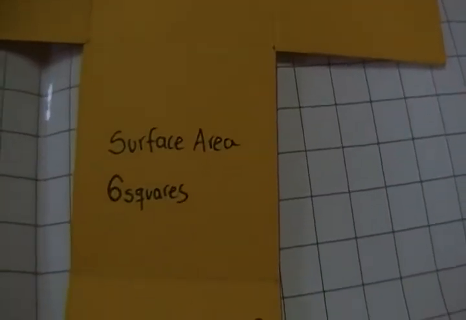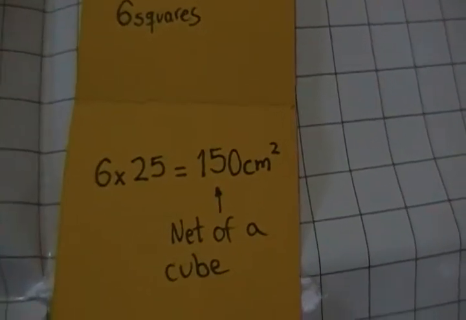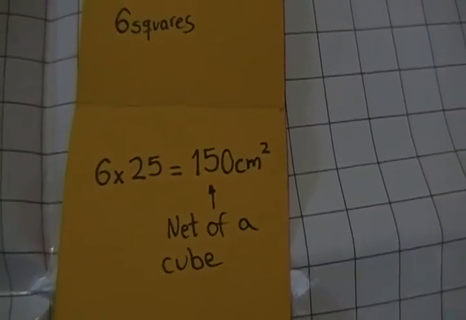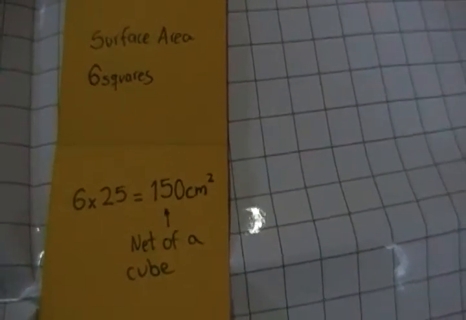So the surface area is basically put together the 6 squares or multiply 6 times 25 square centimeters to get a total area of 150 square centimeters.